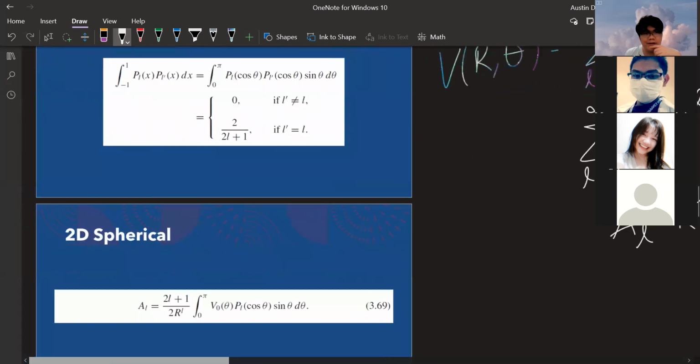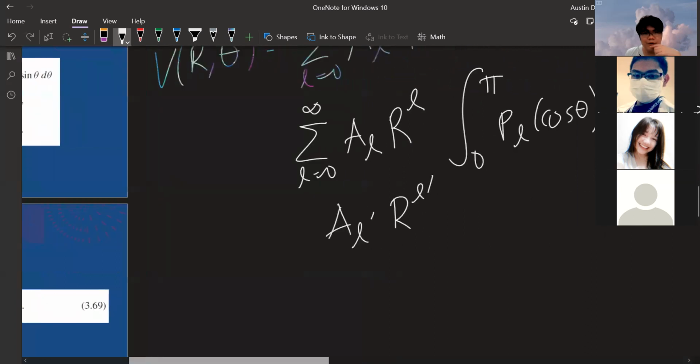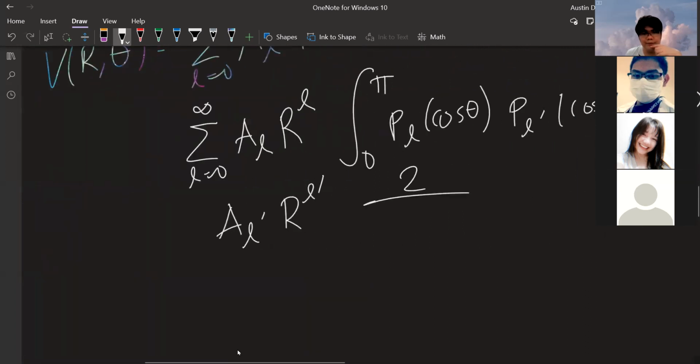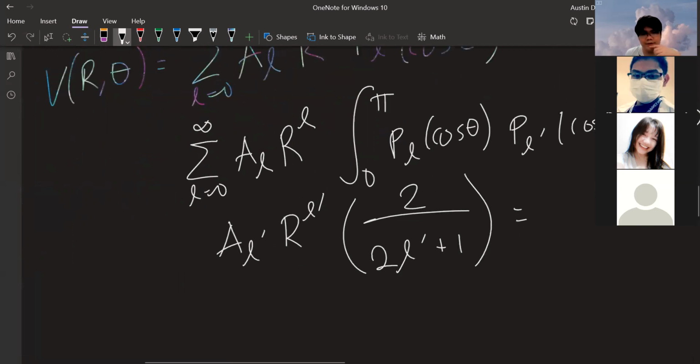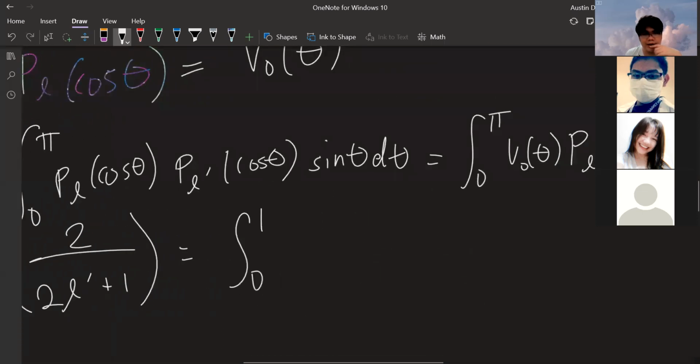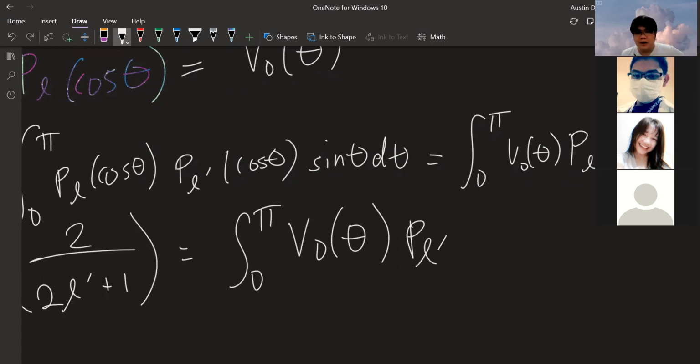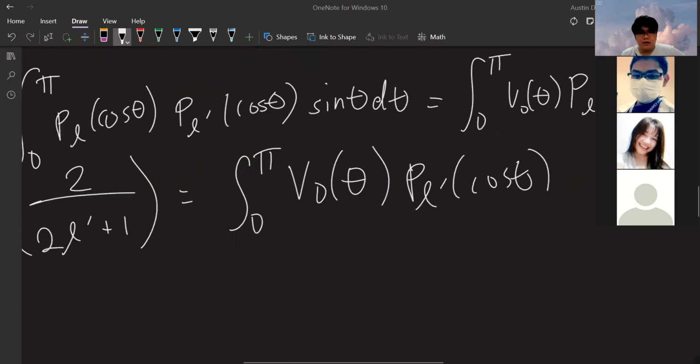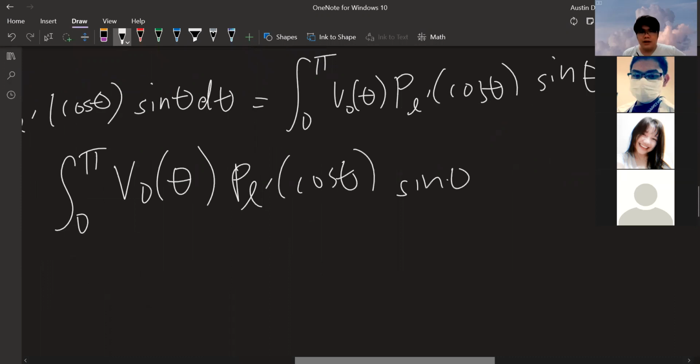Then this is 2 over 2L prime plus 1 equals the integral, this guy, 0 to pi V naught theta P L prime cosine theta sine theta d theta.